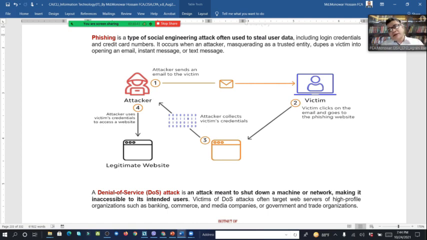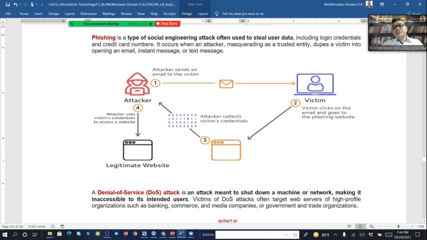In Bengali, phishing means casting bait. So phishing is a type of social engineering attack often used to steal user data. Look here, he is the attacker. Number one, the attacker sends an email to the victim, you or me.